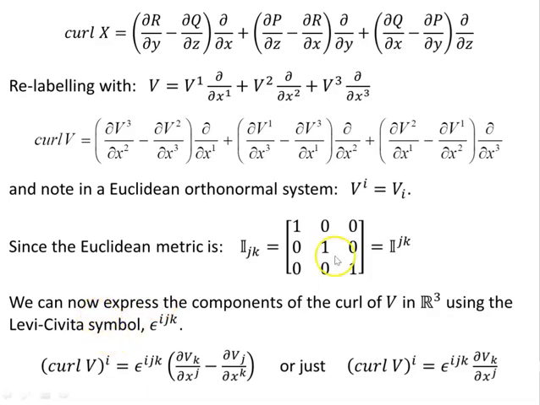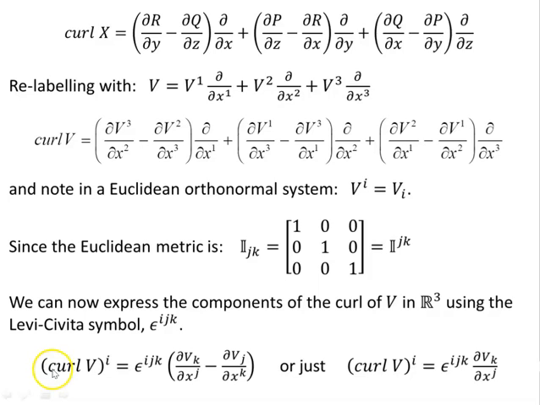So we're happy with that because remember how we use the metric in curved spaces to raise and lower indices on coordinates. We can take a contravariant component, multiply it by the relevant metric tensor component, and we'll lower its index so it becomes a covariant component. I believe I showed that earlier on. So we can now express the components of the curl of V in R3 using the Levi-Civita symbol, epsilon ijk.